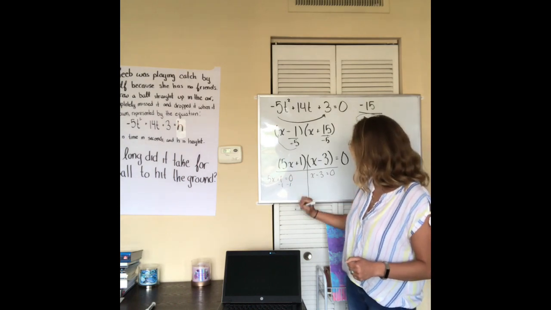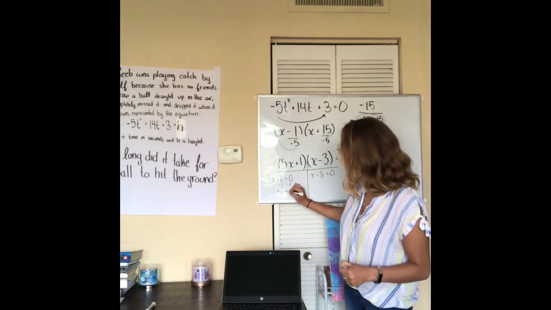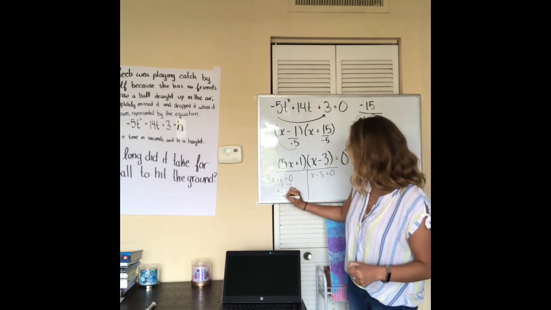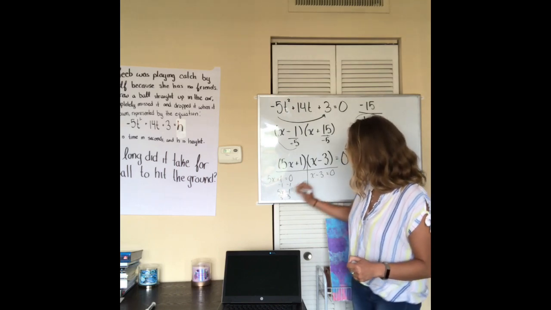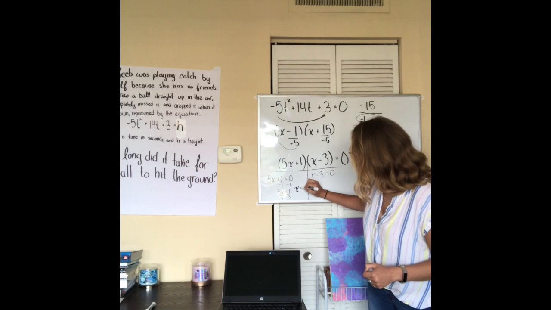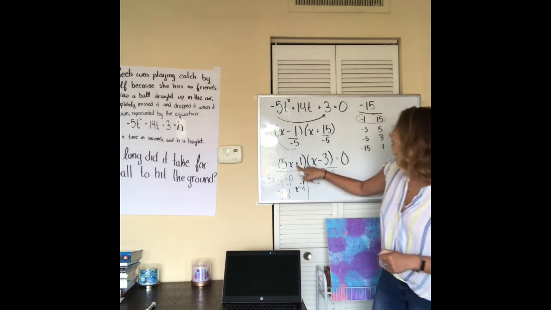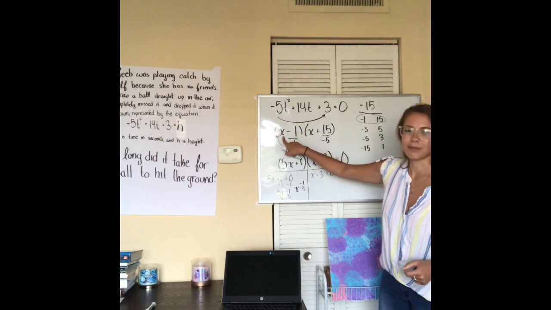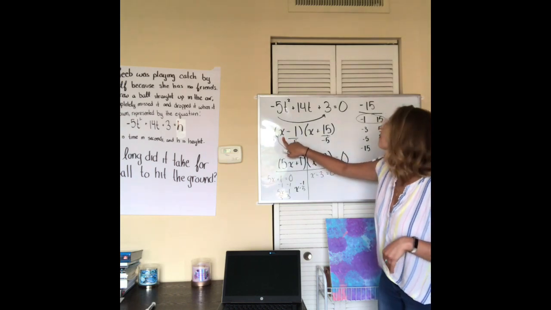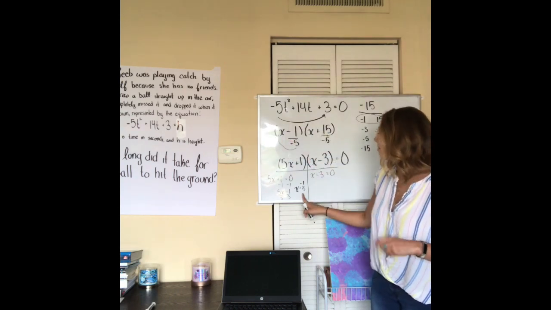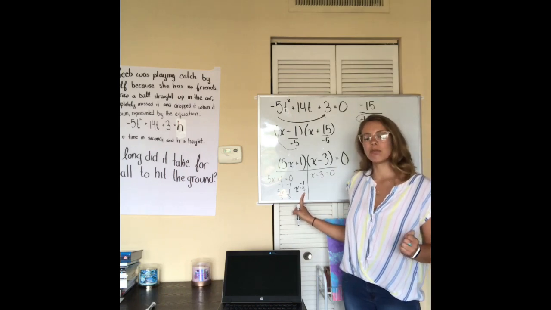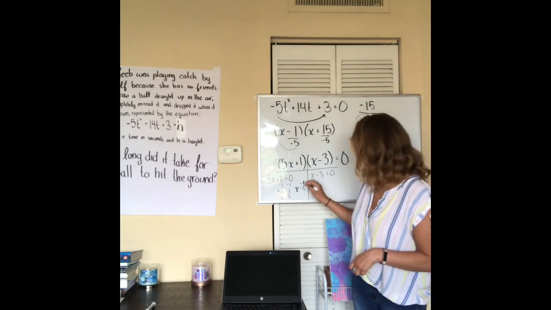Subtract 1 from both sides, we end up with 5x equals negative 1. Divide both sides by 5, and we get x equals negative 1/5. Now this x is representative of my t's. Sometimes I switch into x's. Our t stands for time, and we can't have negative 1/5 seconds.